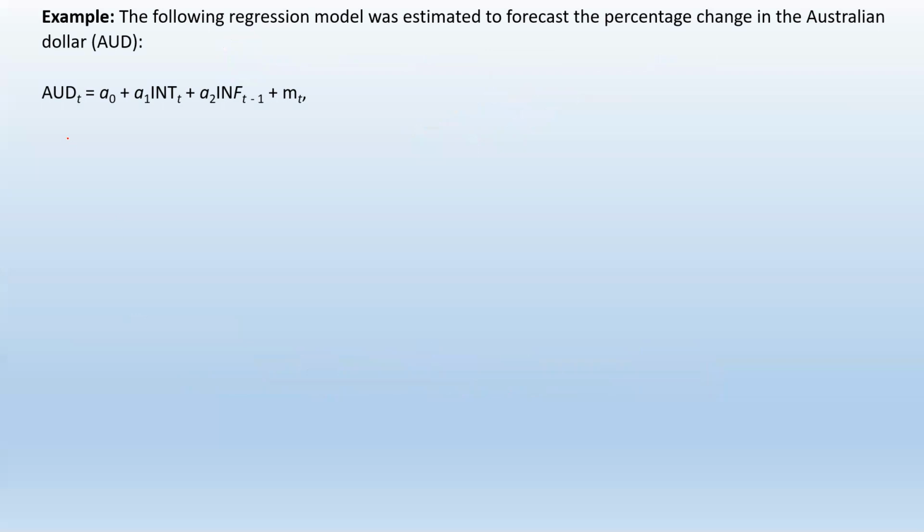So the percentage change in the Australian dollar exchange rate is determined by A0, this is the intercept or constant term, plus the impact of the current quarter's interest rate differential, plus the previous quarter's inflation differential. And the MT here is the error term.